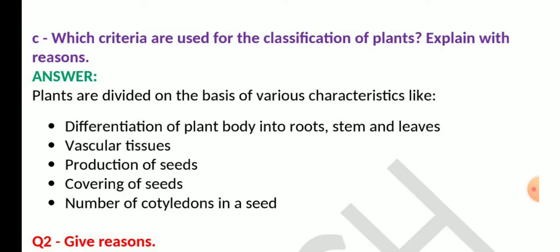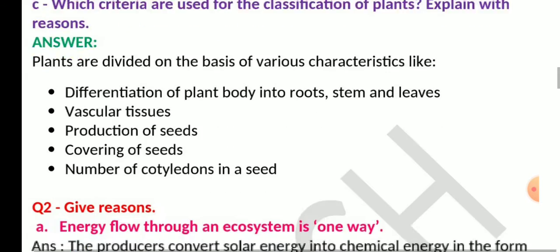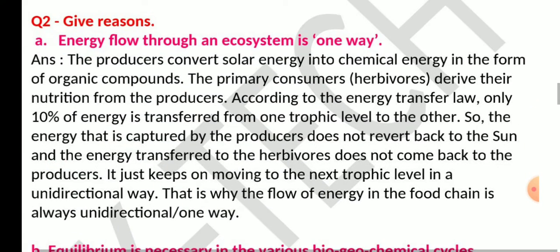Second, vascular tissues. Third, production of seeds. Fourth, covering of seeds. And the fifth one, number of cotyledons in a seed. Understood? Moving to the next question.